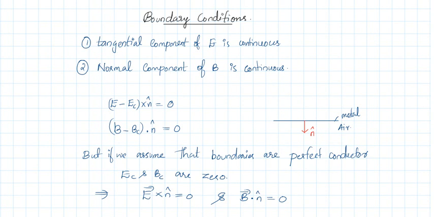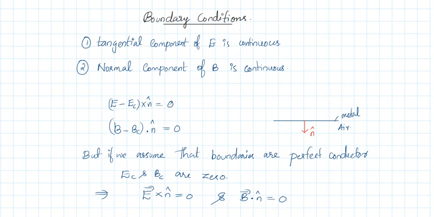So the usual boundary condition, tangential component of E is continuous, becomes E minus EC cross n cap equal to 0. Normal component of B is continuous, becomes B minus BC dot n cap equal to 0. But if we assume that the metals are perfect conductors, we can take EC and BC as 0.